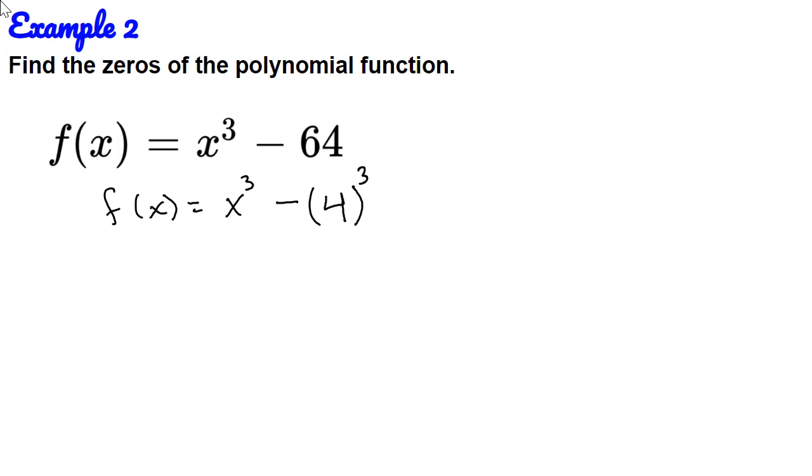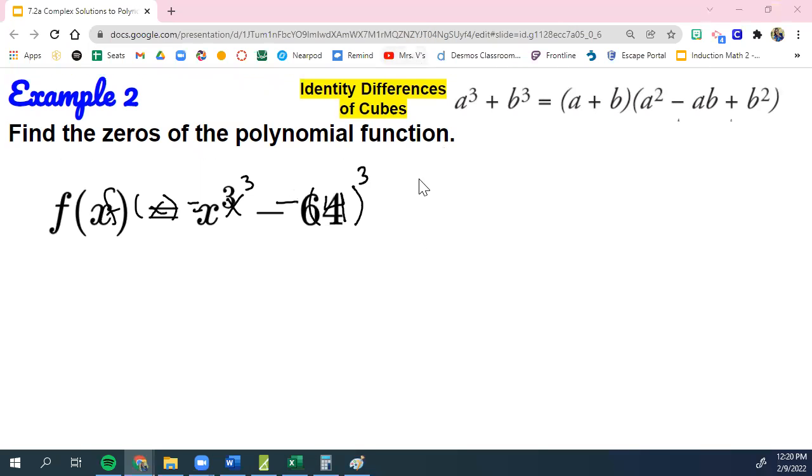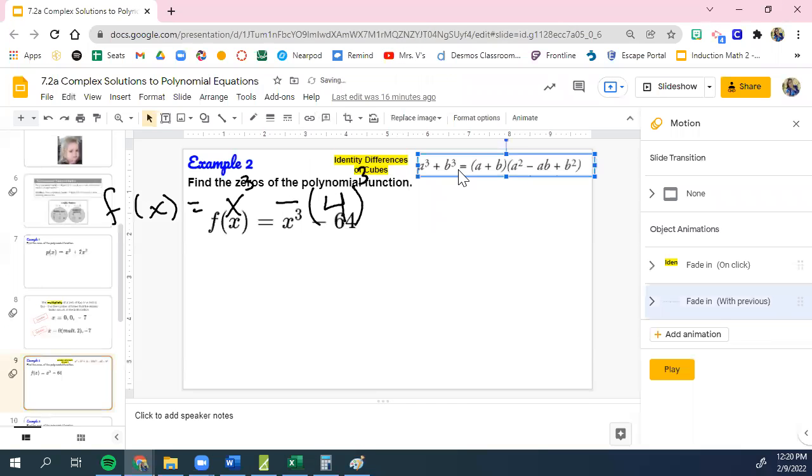So what we have here is what we call our difference of cubes. This is our beautiful identity that we've already covered, if you guys recall. Let me go ahead and bring this one back. For some reason, I copied the wrong one, guys. No, this is our sum of cubes.